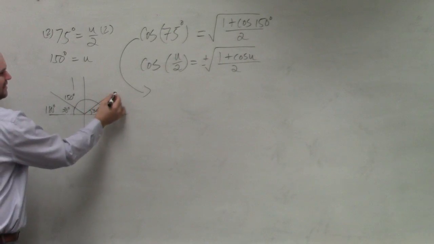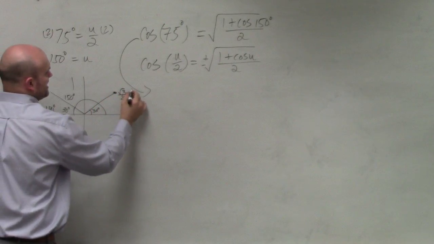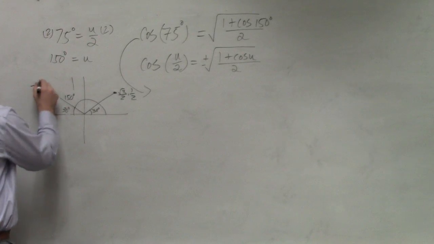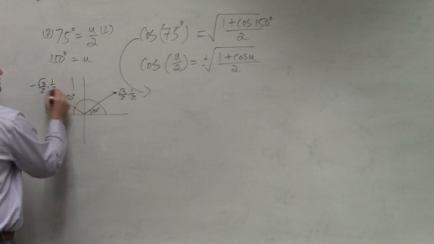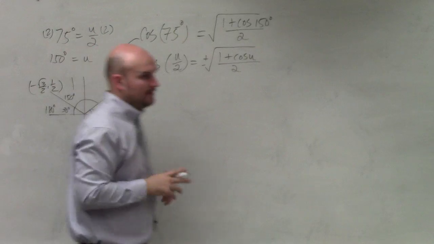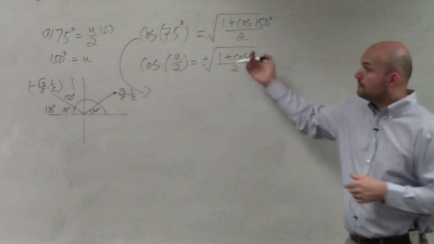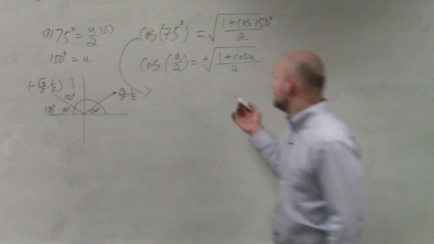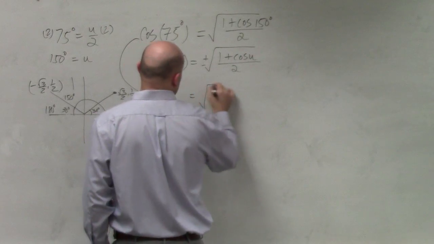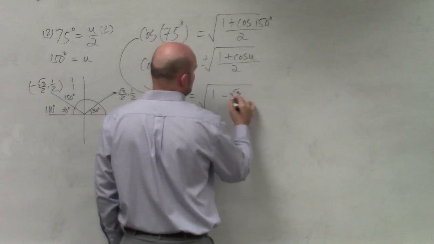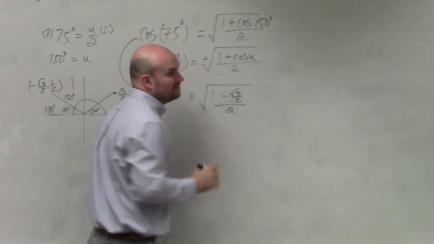So this one, 30 degrees, is square root of 3 over 2, comma 1/2. You guys see how I use quadrants and reference angles? And so therefore, that's going to be a negative square root of 3. So I have the positive 1 minus the square root of 3 over 2 divided by 2.